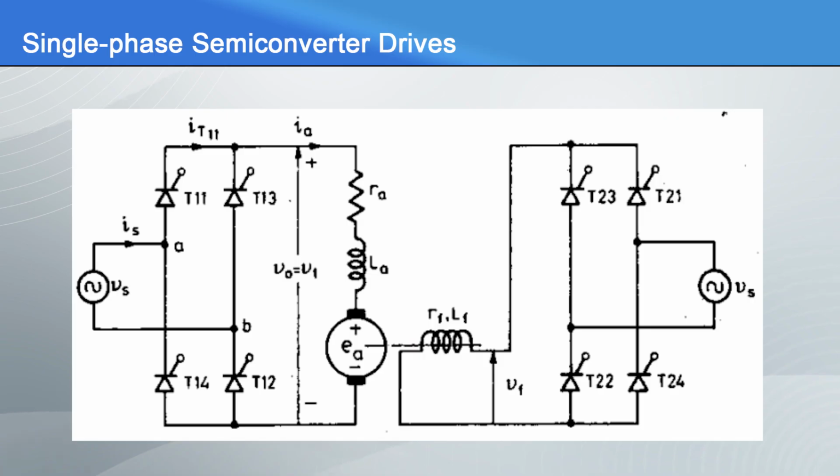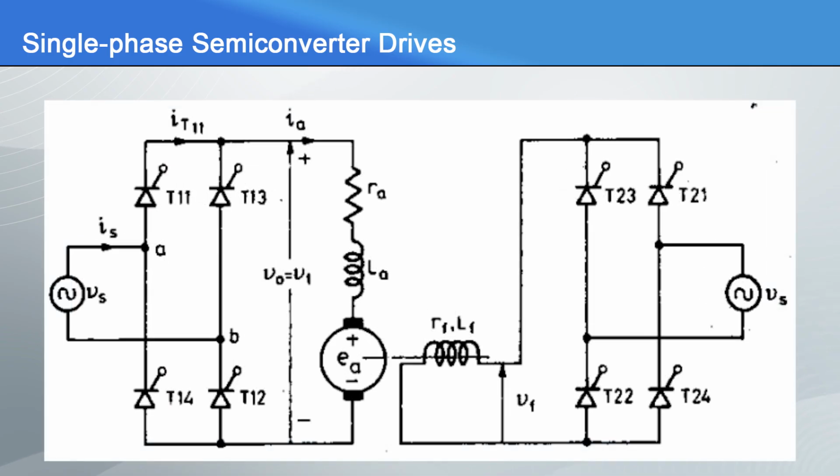For regenerative braking of the motor, the power must flow from the motor to the AC source, and this is feasible only if the motor counter EMF is reversed, because then EAIA would be negative. Note the direction of the current cannot be reversed as the SCR is a unidirectional device.